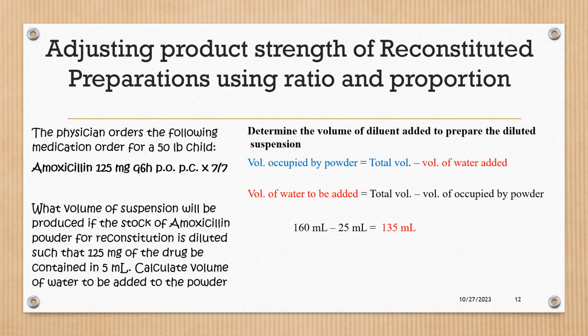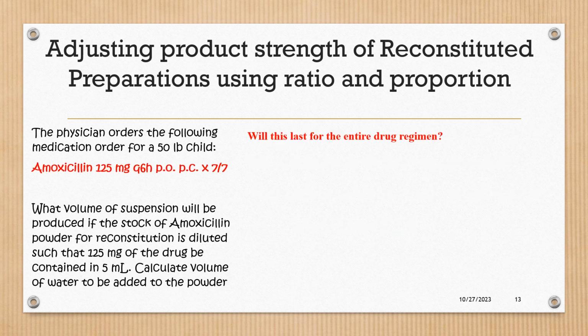So once you do that correctly, you should be getting 135 mL in terms of the amount of water for reconstitution. Now, how long will this regimen last, based on the prescription that you're given?